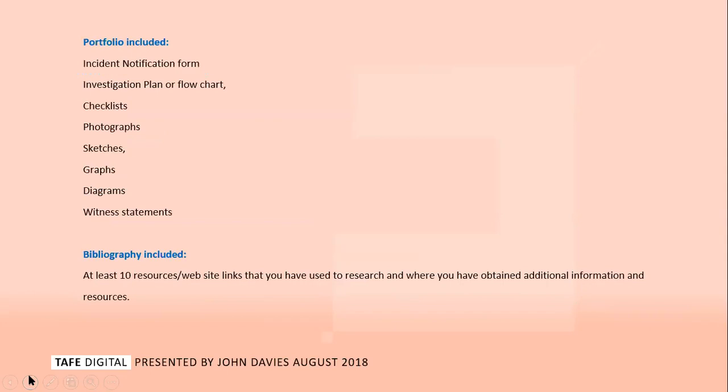Finally, the portfolio. The portfolio would include the incident report form, investigation plan or flowchart, checklists, photographs, sketches, graphs, diagrams, and witness statements. Your bibliography should contain at least 10 resources.